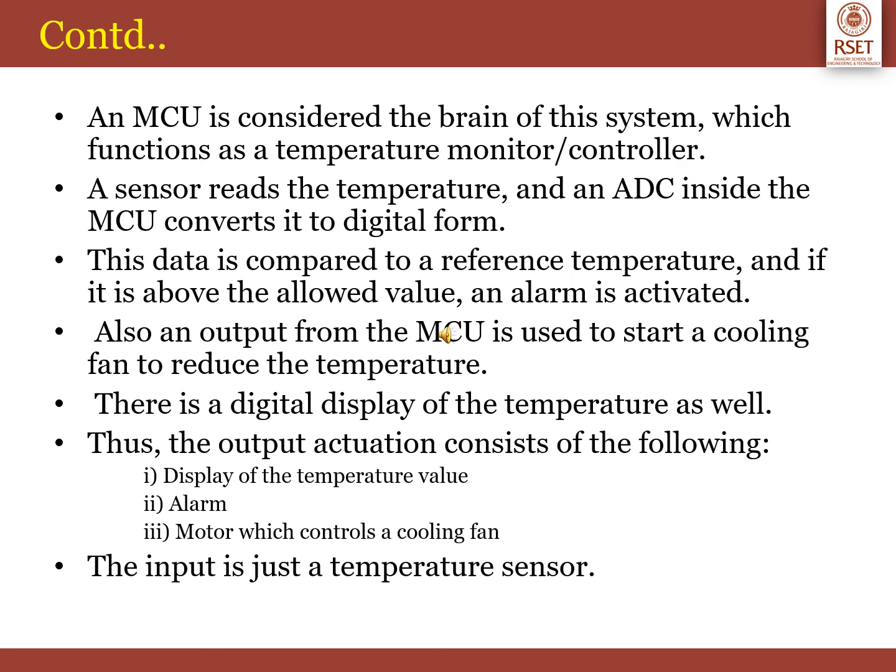This data is compared to a reference temperature, and if it is above the allowed value, an alarm is activated. Also, an output from the MCU is used to start a cooling fan to reduce the temperature. There is a digital display of the temperature as well. Thus, the output actuation consists of the following: display of the temperature value, alarm, and a motor which controls a cooling fan. The input is just a temperature sensor.